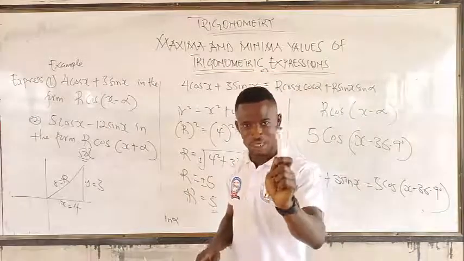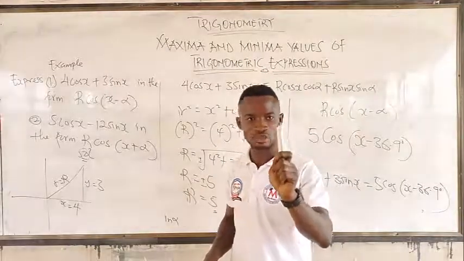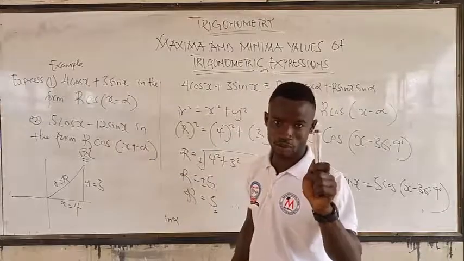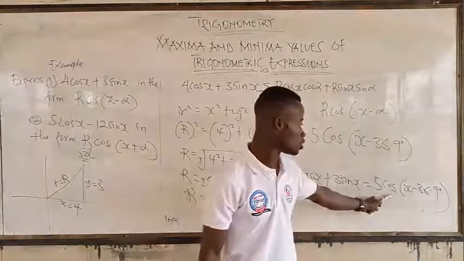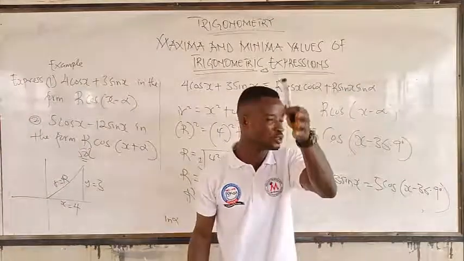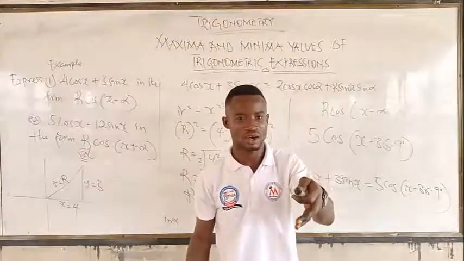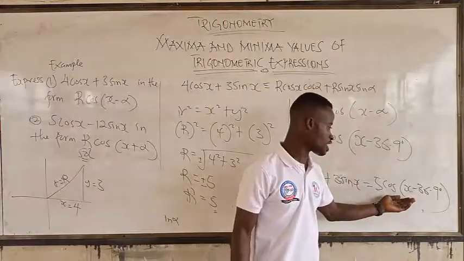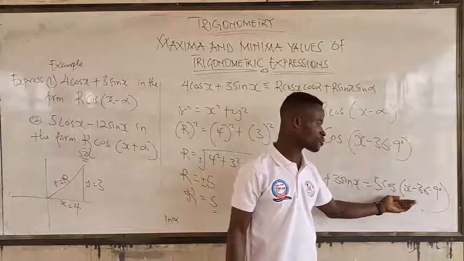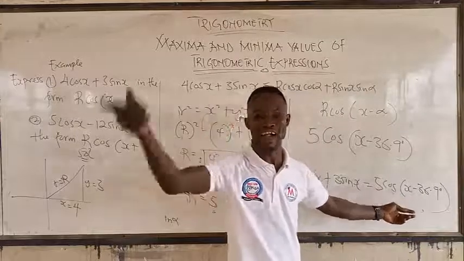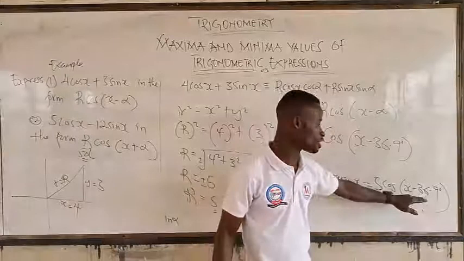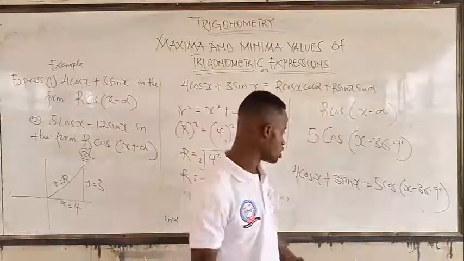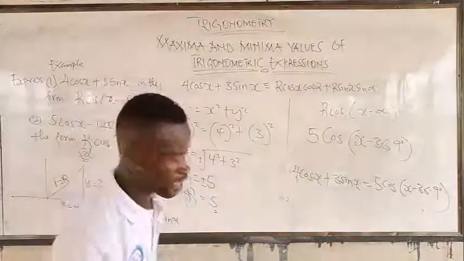Nobody will tell you in the question; it will just be sketch this. Nobody will tell you to express it in this form. Whether cos or sine, you are going to determine it. So you express this in this form, and after getting it in this form, you can now go for the graph, because with this, you can go for the interval and others and sketch it and go your way.